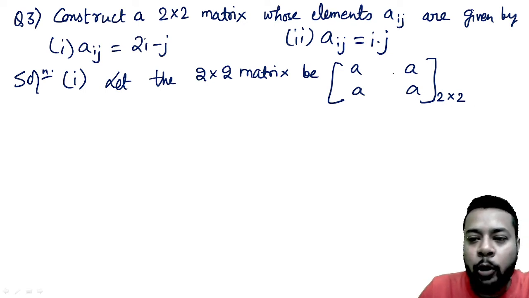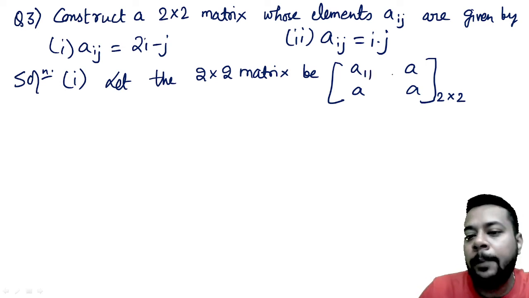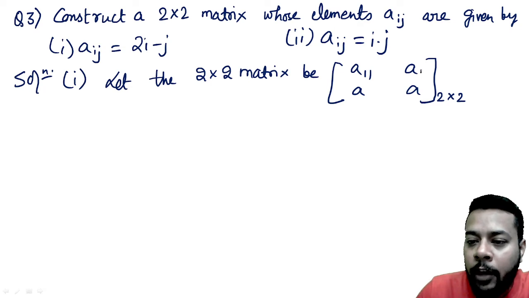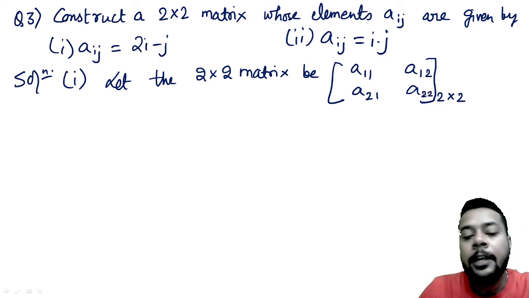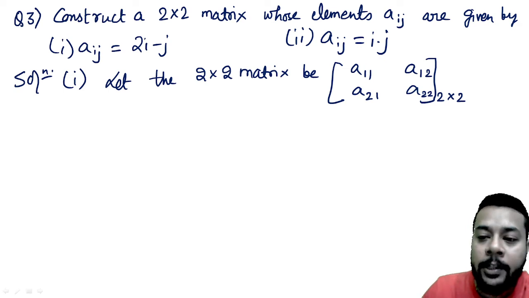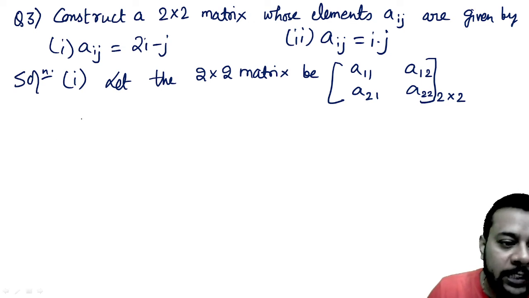The very first element will be first row, first column. This will be first row, second column. This will be second row, first column, and this position will be second row, second column, right? So first make yourself understand what those 4 positions of the 2 by 2 matrix are.